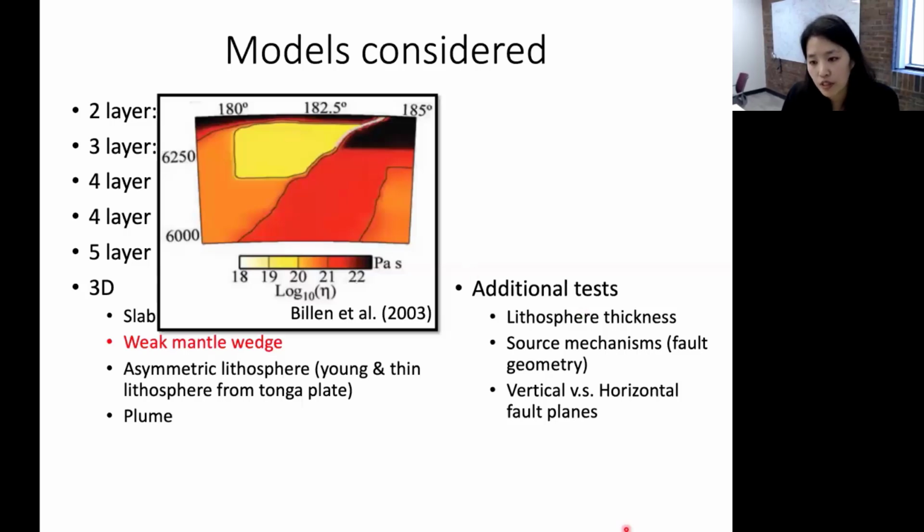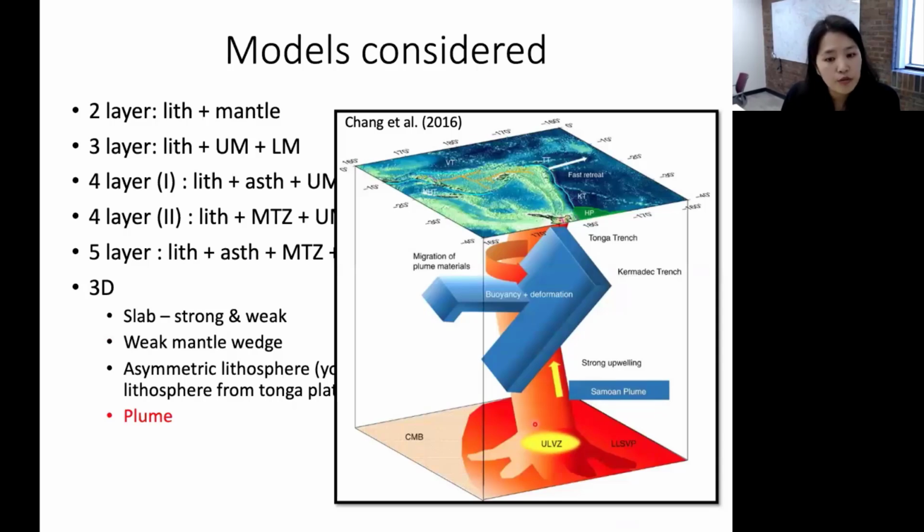The other thing we considered is a plume. People know that they have imaged seismically that there's a plume near the corner of the subducting slab. So we also tried to model that.